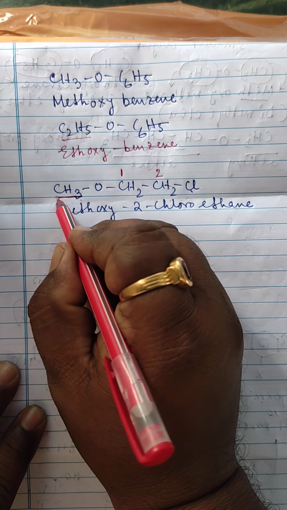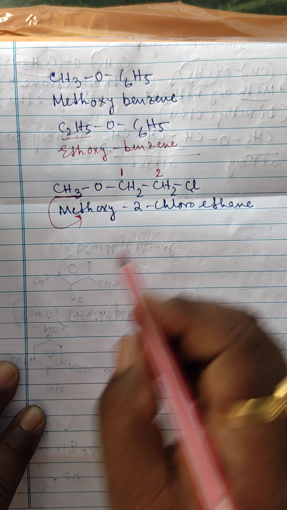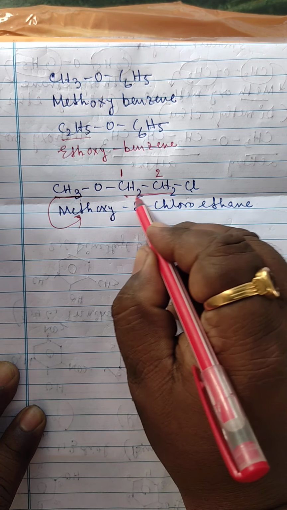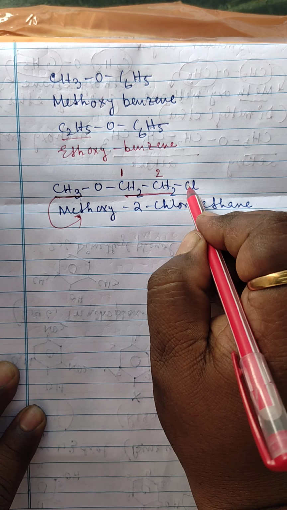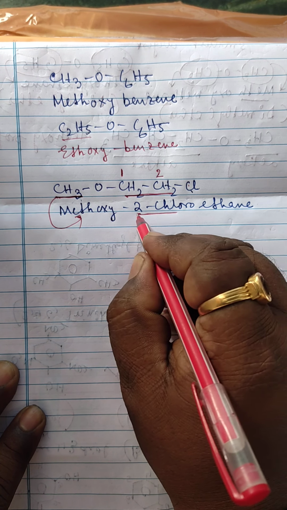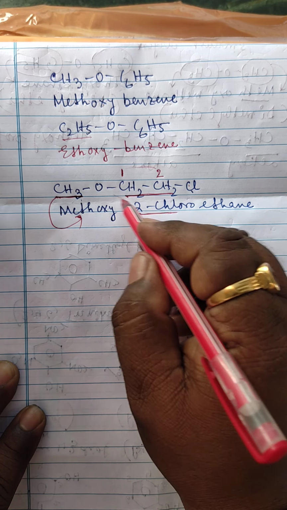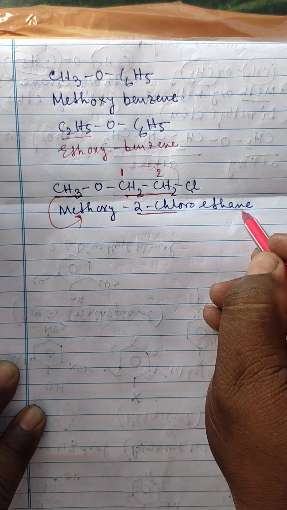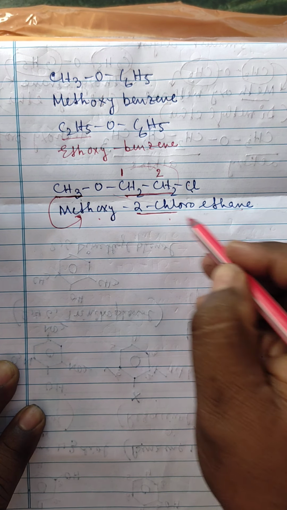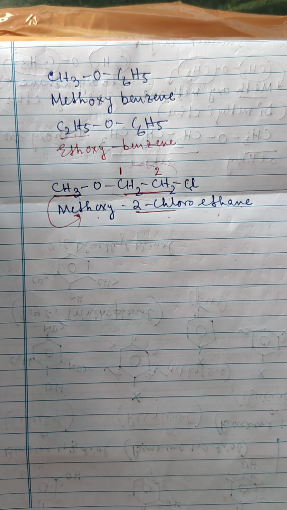Because this portion is the methoxy portion, and in this portion we see the second position has a Cl, so it is 2-chloro, and this part is a 2 carbon compound, so it is known as 1-methoxy 2-chloroethane. In this way we name this type of ethers.